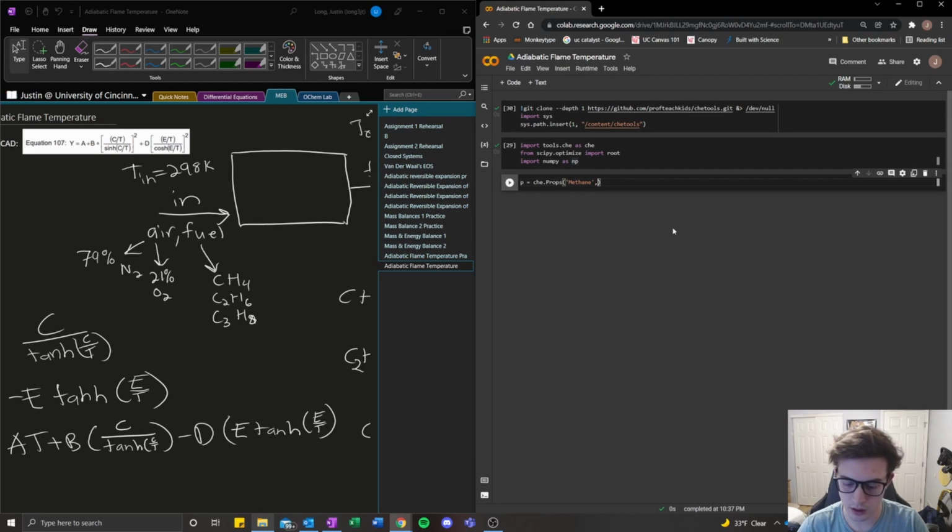We also need ethane. And then we also need propane. And then the next one we need is oxygen. We're also going to need nitrogen. And then we also need carbon dioxide.